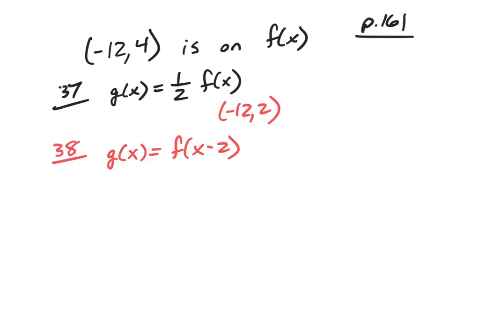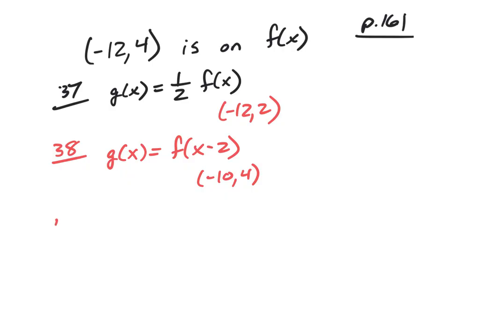So we're gonna take negative 12 and we're gonna move it 2 to the right. And so that would put me at negative 10, 4. So when you apply these changes, you're only applying it to one number, unless there's 2 changes going on. But I think most of the ones in that little group only have 1 change happening to it.